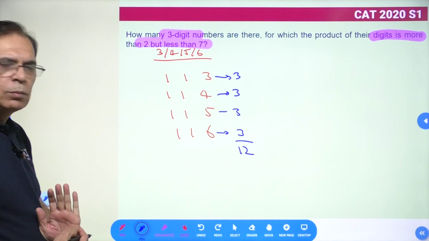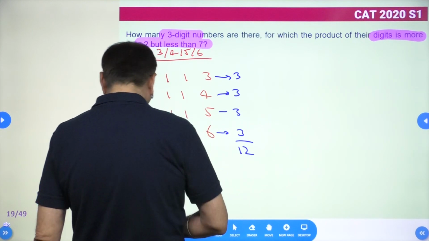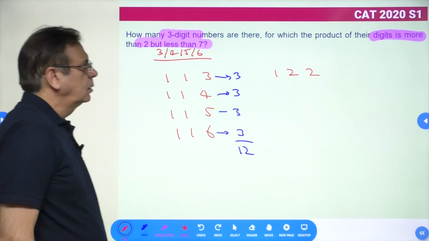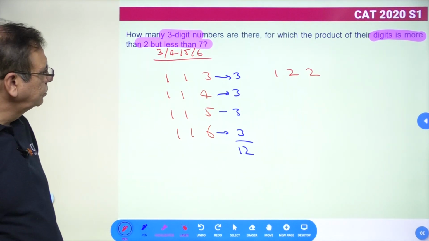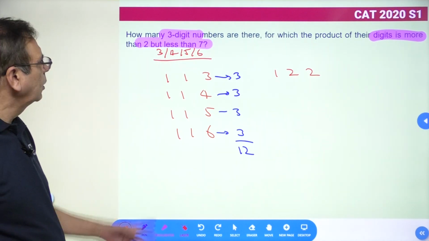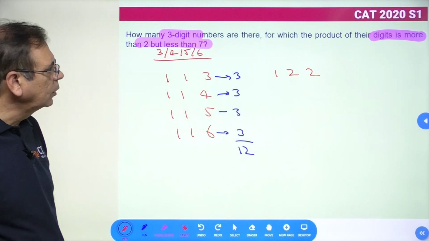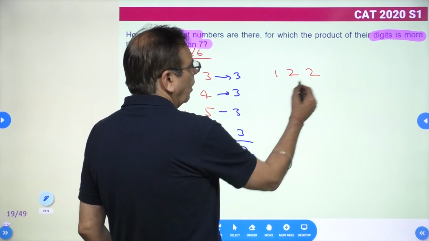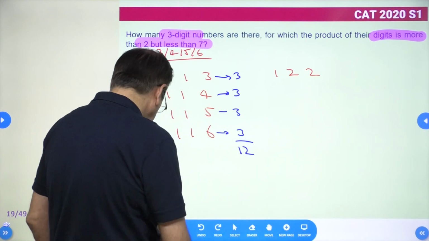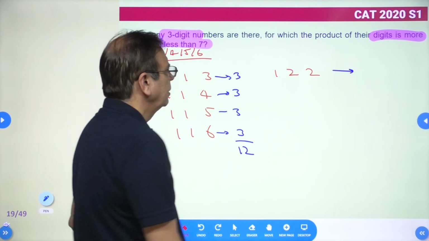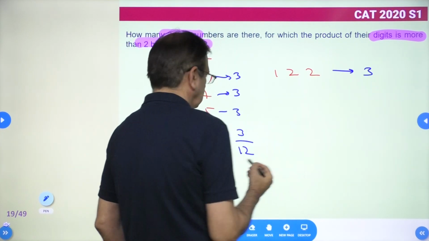What about 1 2? Let's look at 1 2 2. Okay. 1 1 2 will not be useful because out here we need a product equal to 3 at least. So 1 2 2. Okay. How many ways can this be done? How many will there be for this? Again 3.